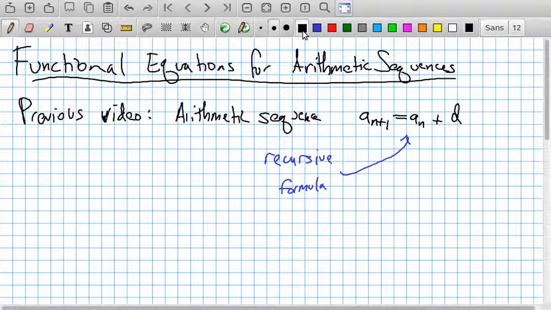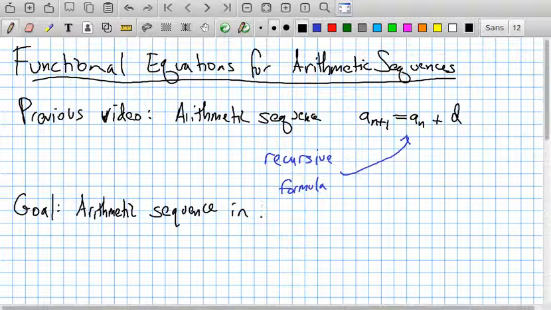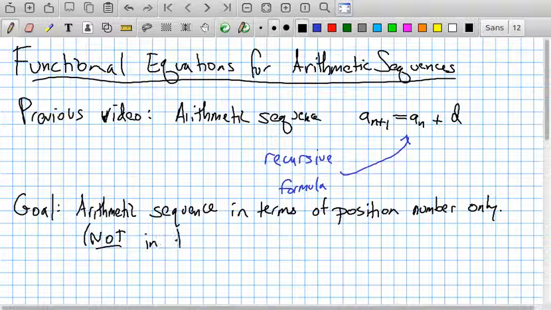So our goal is to write an arithmetic sequence in terms of position, instead of previous terms, but we're going to make an exception for a0.